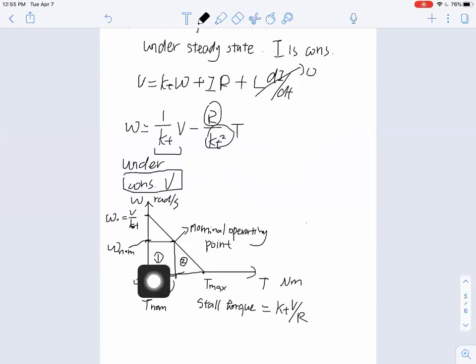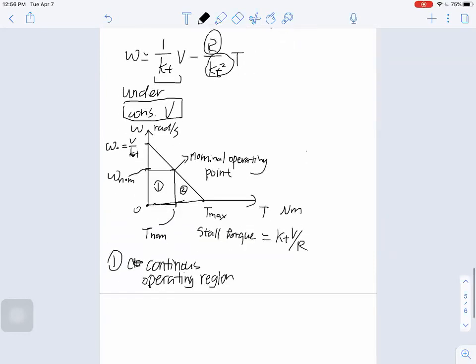I also labeled 1 and 2. Region 1 is called the continuous operating region. That's the region where you can continuously run your motor without damaging it.